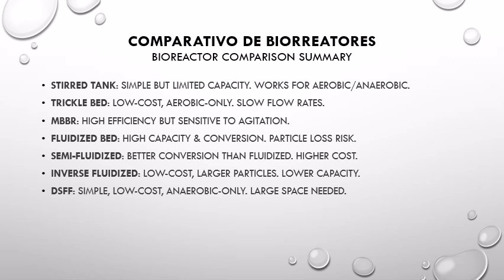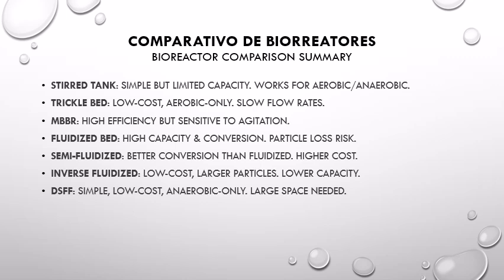Comparing the bioreactors we have talked about so far on this slide, the stirred tank is simple but has limited capacity. It works for aerobic and also anaerobic processes. A trickle bed is low cost, works for aerobic only, with slow flow rates, while the MBBR, the moving bed biofilm, is high efficiency but sensitive to agitation.